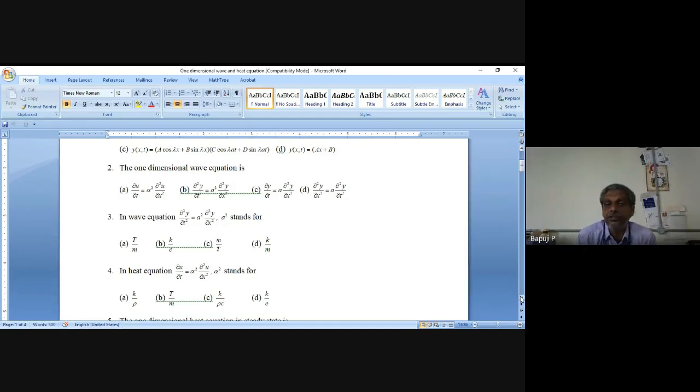They will guarantee ask a 2 marks question like this. What is a square, sir? Tension by mass or mass by tension?